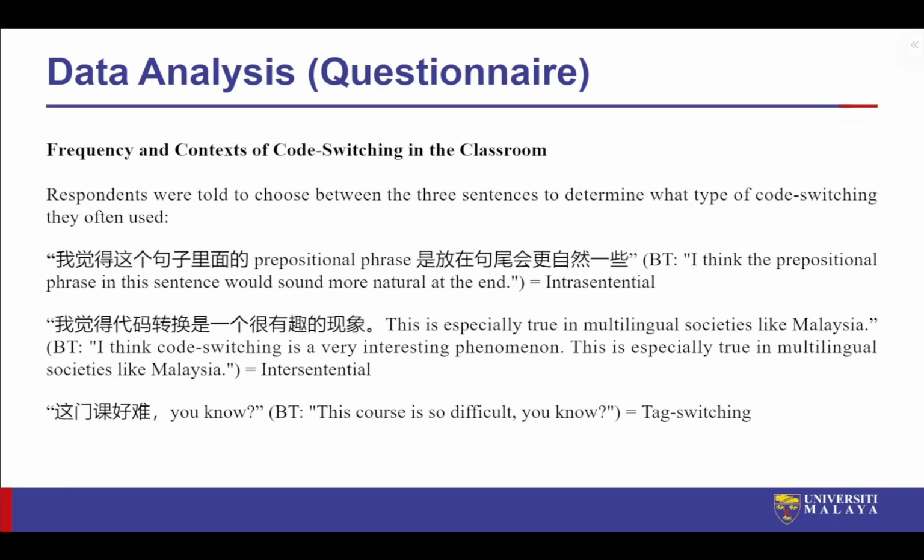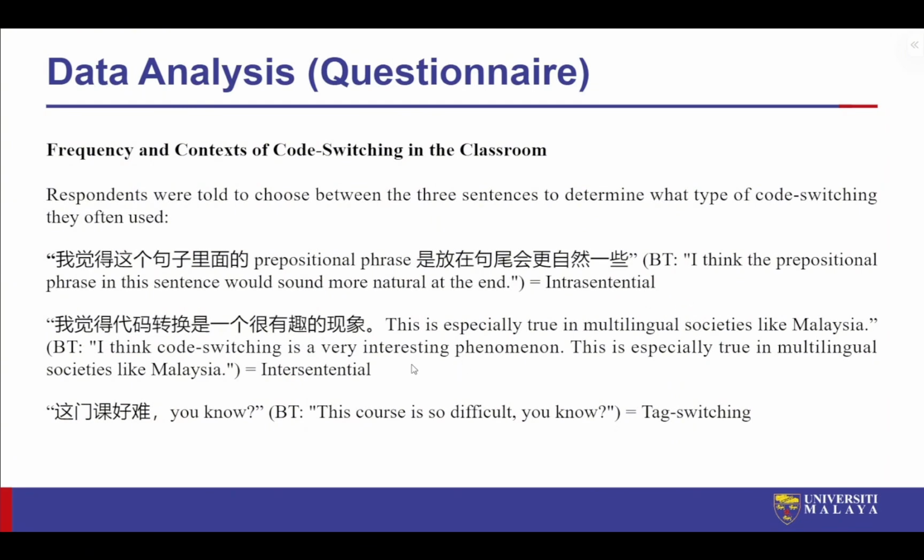Next, we asked a question that would determine what type of code switching was most popular among our respondents. And to do this, we provided 3 sentences that would reflect each type of code switching. As an example, the first sentence would reflect intrasentential code switching.